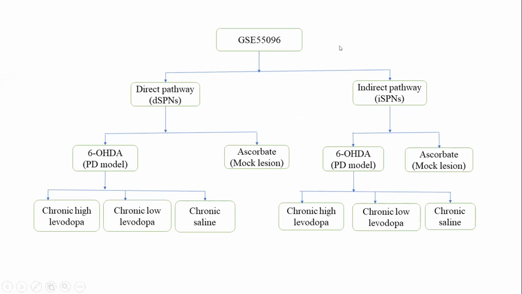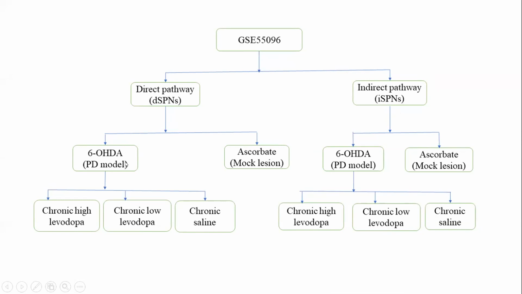Just in a nutshell, this metadata contains 77 samples, and it has the 2 pathways, direct pathway and indirect pathway, as I mentioned earlier. These are the model of direct pathway and a model of indirect pathway.